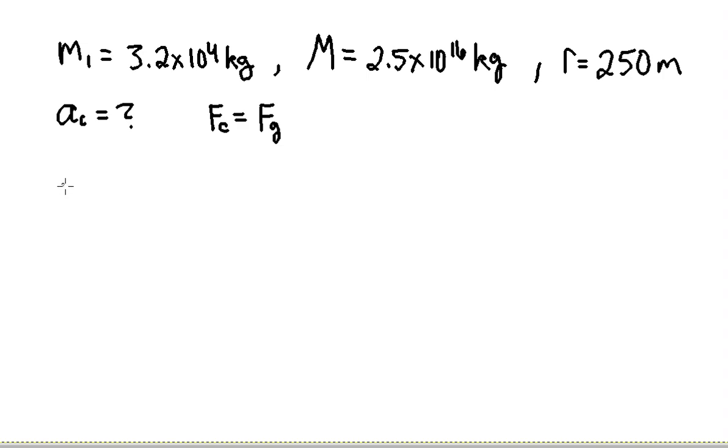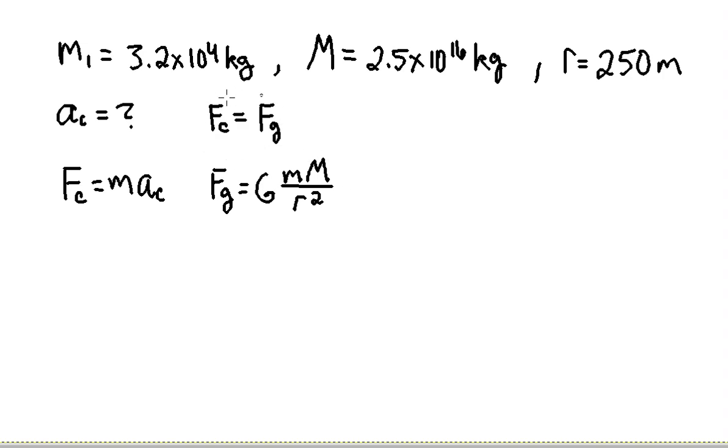So being able to make this jump just based off of your understanding of the question is an important part of this process. So the centripetal force we know is equal to the mass of the object in motion. This is mass 1, or the smaller mass, multiplied by the centripetal acceleration. That's what we're solving for. And that's equal to, well, we won't jump there yet. Force of gravity: Newton's gravitational constant, multiplied by the smaller mass times the larger mass, divided by the distance between them squared.